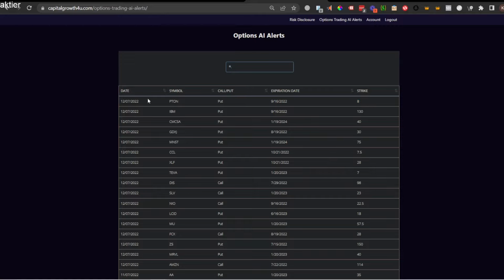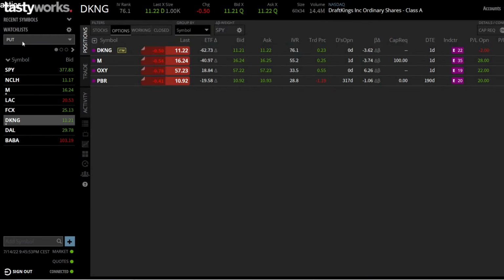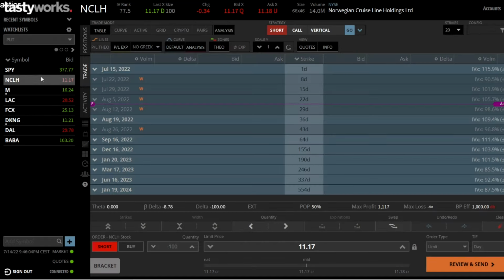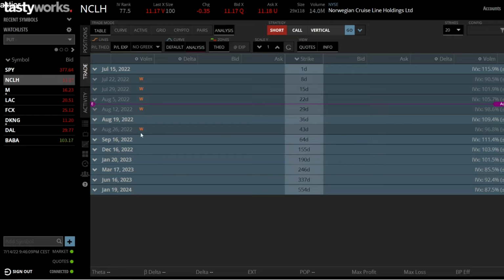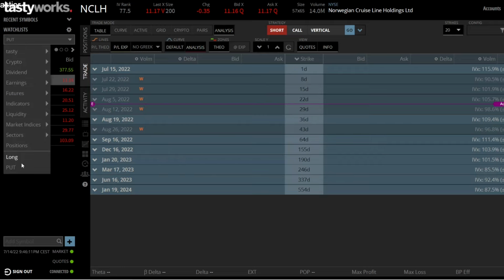So what I do is I take those symbols and strike prices, and then I go and analyze. Let me show you what I mean. I start the day by putting the indicator here, with the symbols, and once I find the stock that I'm interested in, I have them ready.